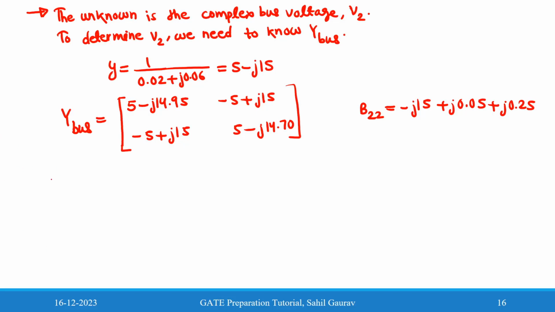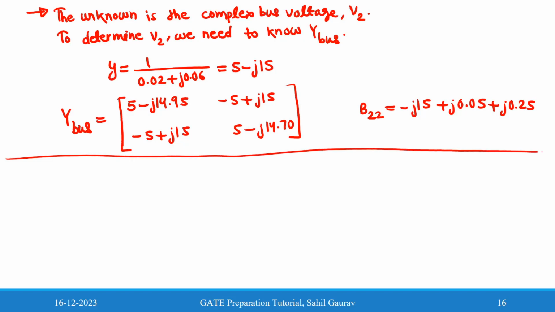So now we apply this. The important part is how we are going to apply this bus voltage equation. We know that Vi is equal to 1 divided by Yii times Si conjugate divided by Vi conjugate, minus summation of k equal to 1, k not equal to i, to n of Yik Vk.